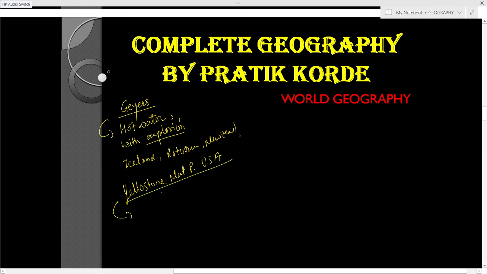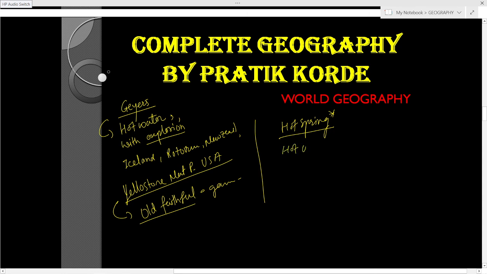Here you'll find the Old Faithful geyser. And the next thing is hot spring. Hot spring is relatively common, and water rises without any explosion. Hot water without explosion.